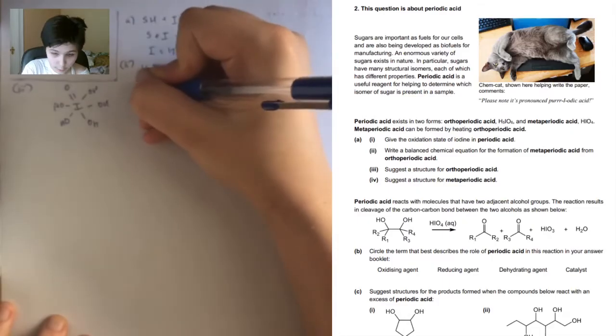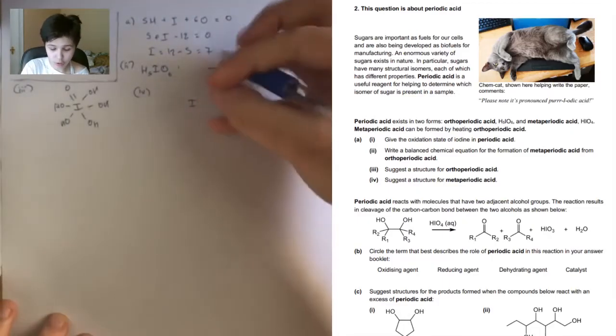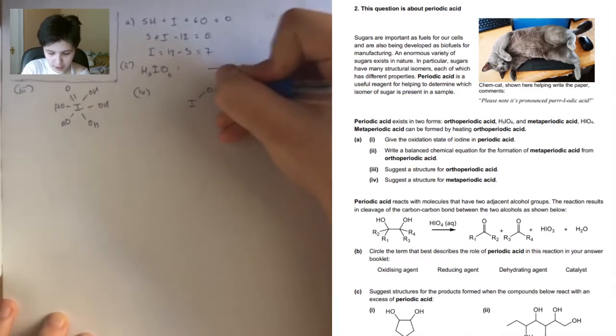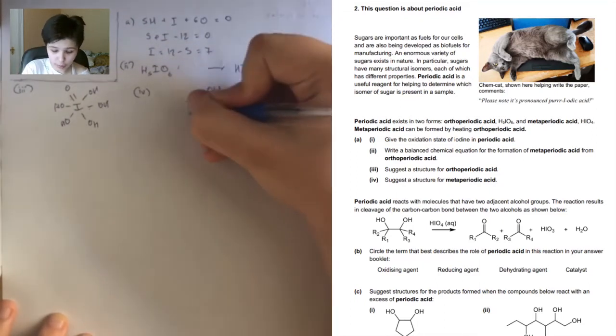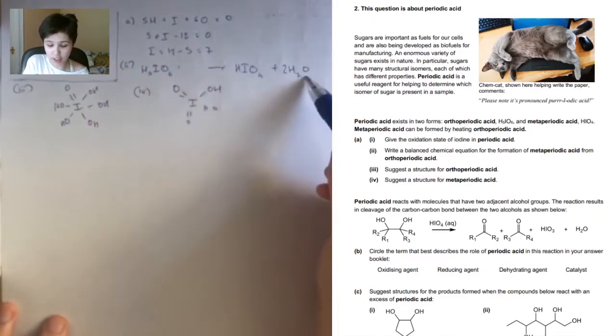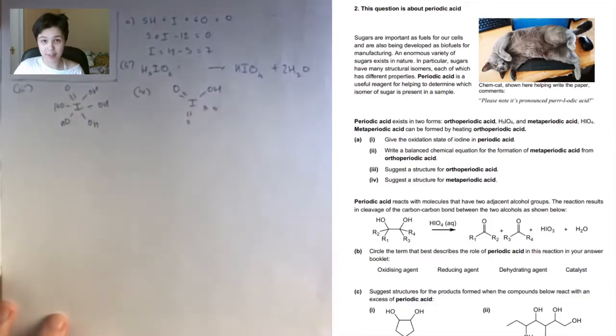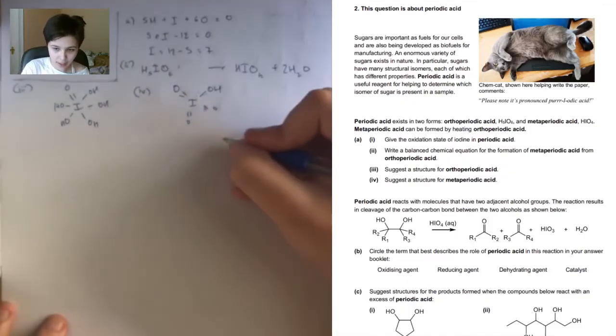For part 4, I have only one hydrogen, so I'm thinking an OH, and then a whole bunch of double bond O. And as you can see, this is neither an oxidation nor a reduction, so it makes sense that the iodine is going to be in the same oxidation state.